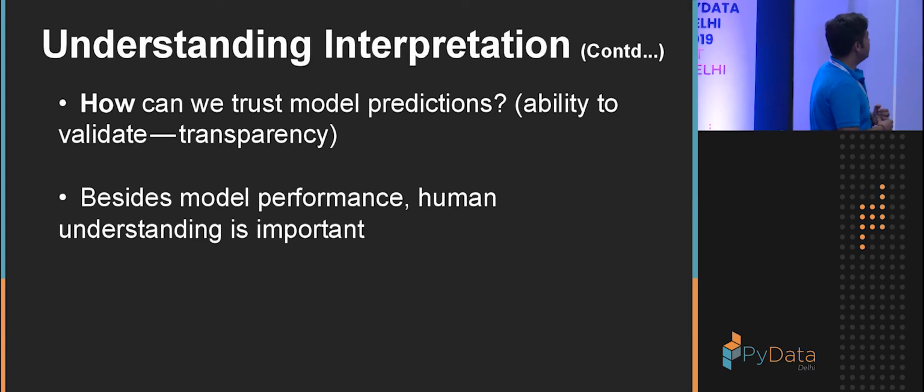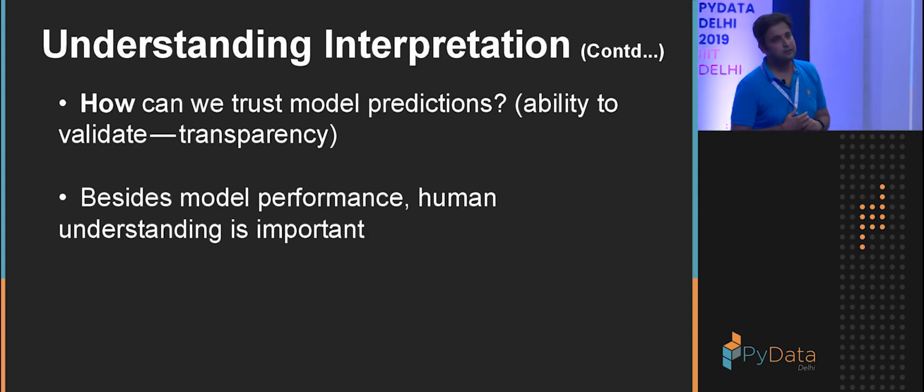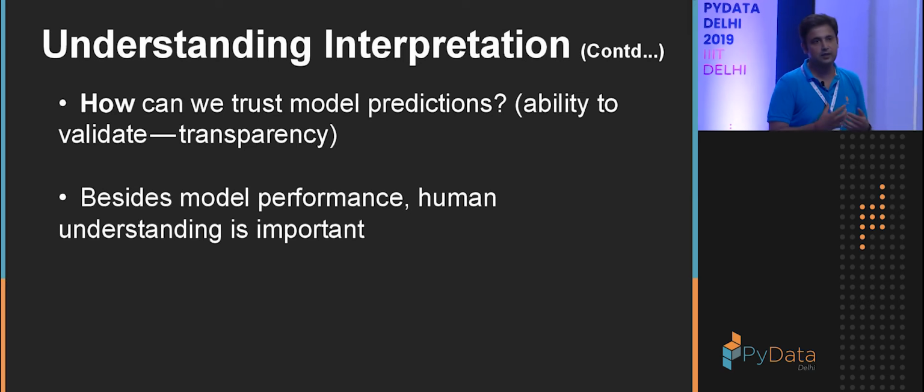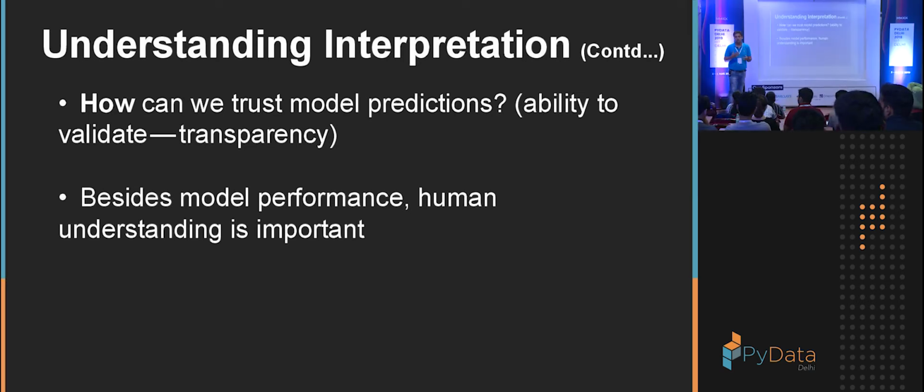Now, how can we trust model predictions? That is about transparency. Overall the model is performing and giving predictions, but across all the data points, how fair is it and how transparent is it? Those are the questions we try to answer as part of model interpretability.